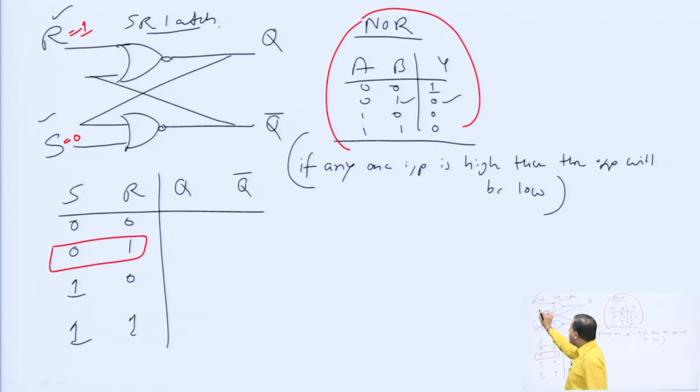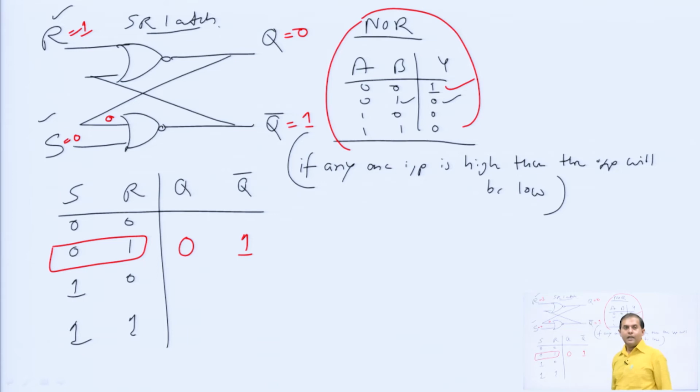So, this input we do not need to check whether it is either 0 or 1, it does not matter. If any of the input is 1, the output of the NOR gate will be 0. So, Q will be 0, and if it is 0, then 0 will be coming to this, 0, 0 NOR gate, output is 1. So, we will be getting output Q bar is 1. So, this is the first case, clear.